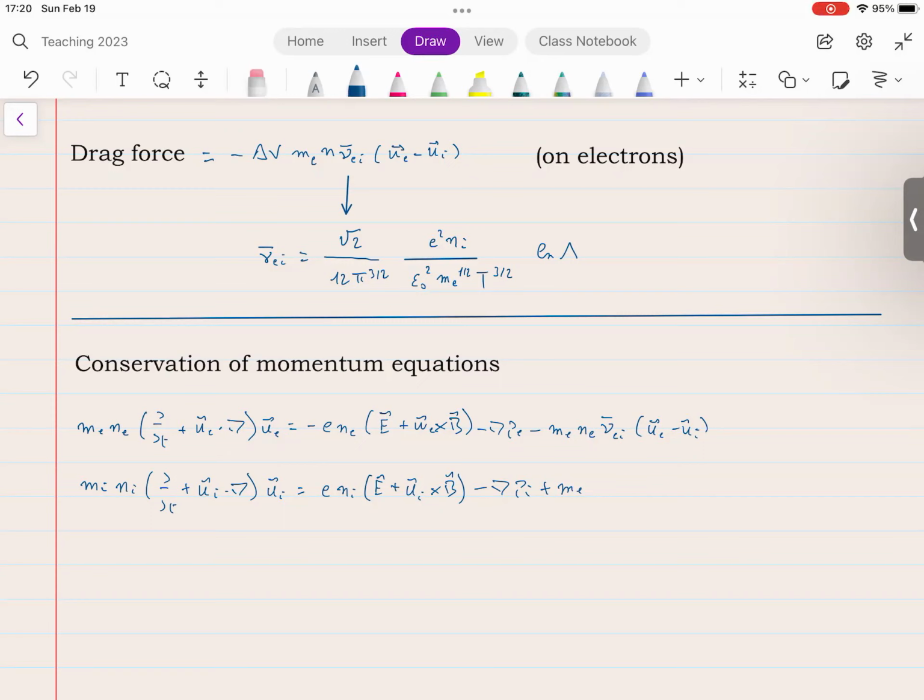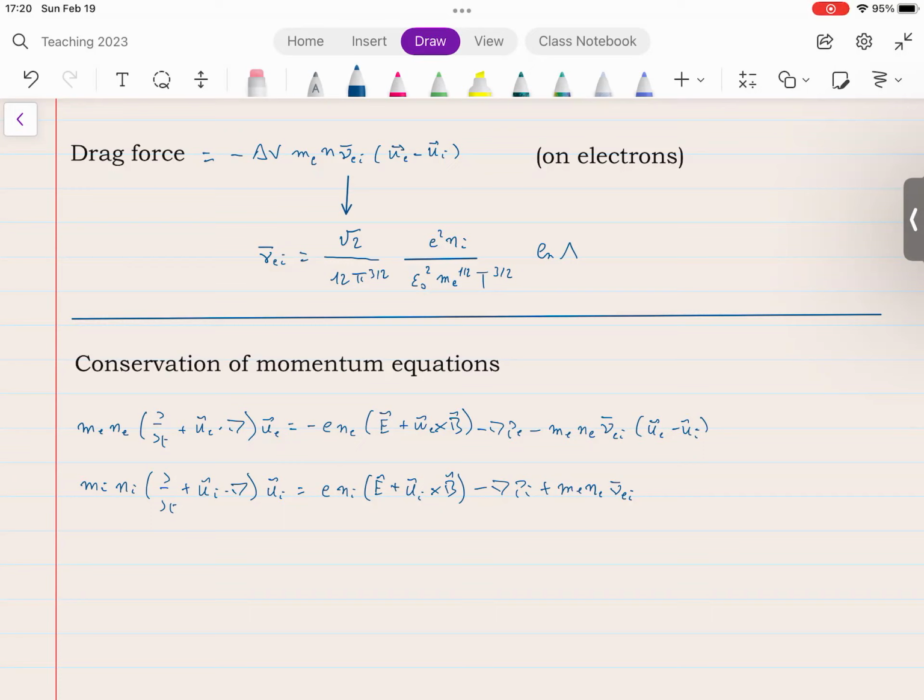m_e n_e. We define the collision frequency so that the total loss of momentum of the electrons will be proportional to the density of the electrons. The density of the ions appears inside the frequency, as you can still see on top of the page.